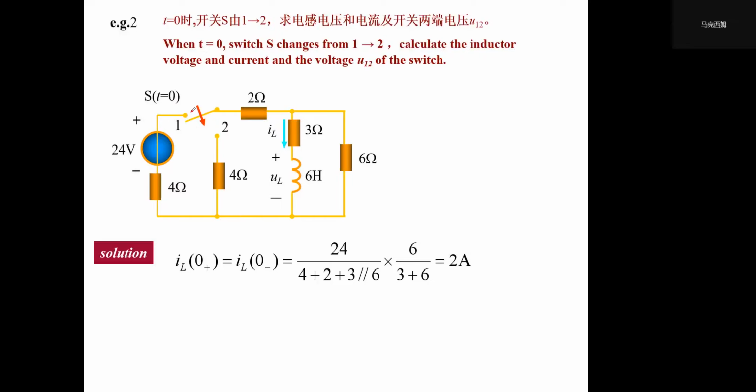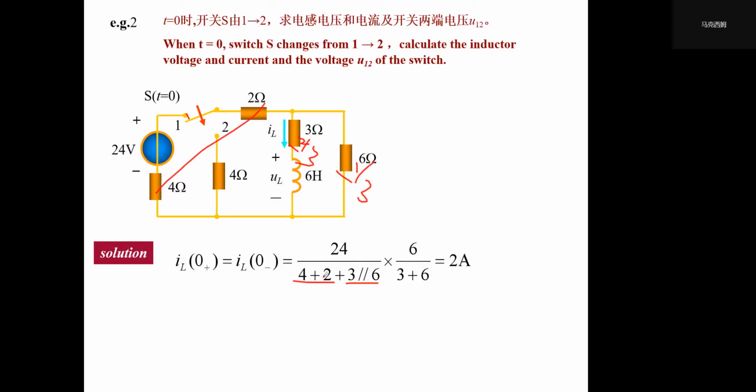We connected with switch 1, so it forms a path like this, and the inductor works like a wire. So 2/3 of the current runs through this branch, and 1/3 runs through this branch. 3 and 6 are in parallel, and 4 and 2 are in series connection.